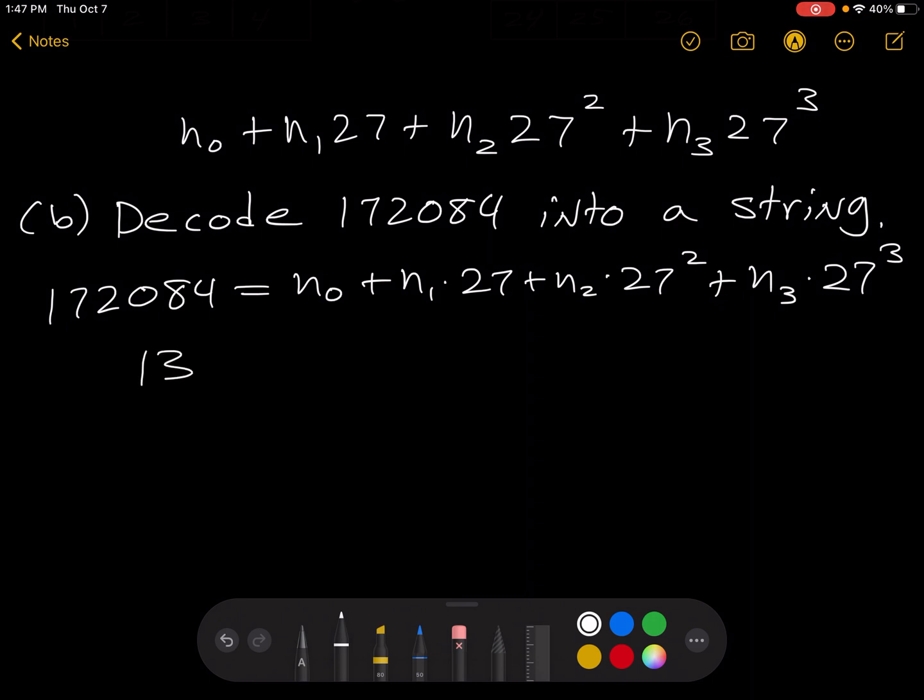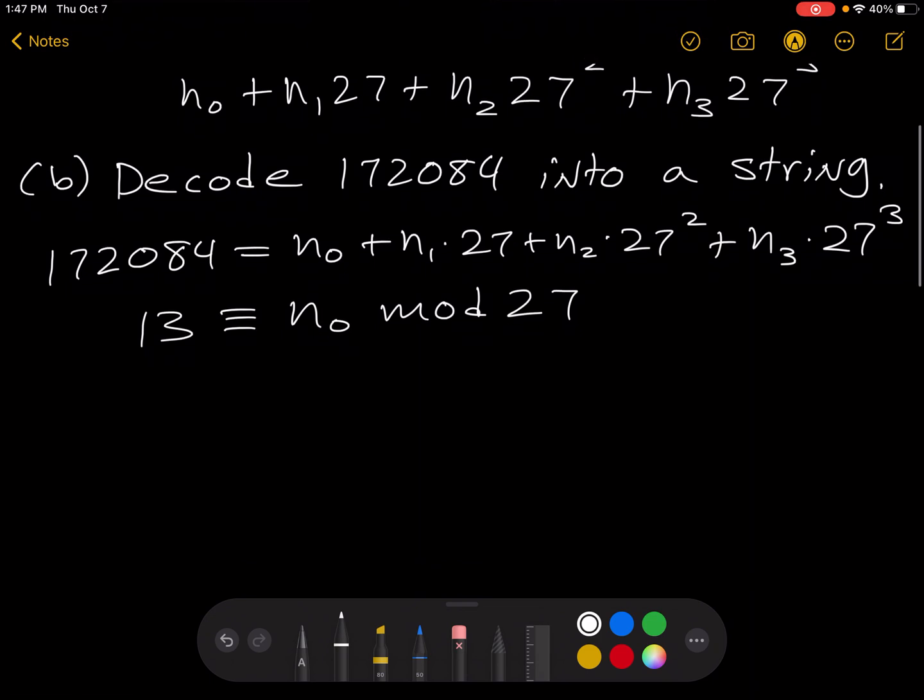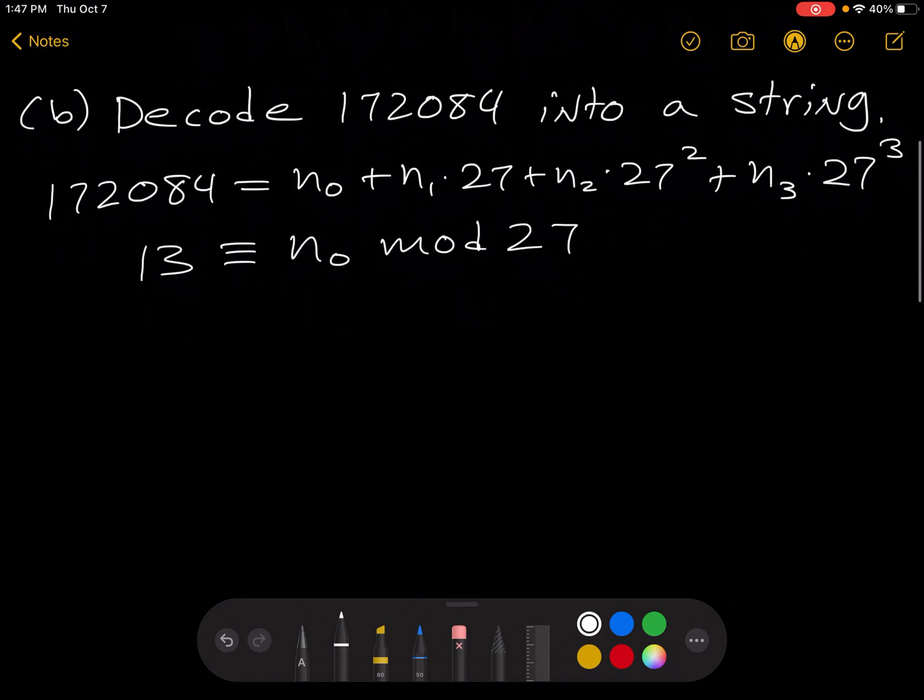So we get 13 is congruent to n0 mod 27. Now n0 is a number between 1 and 26, right?